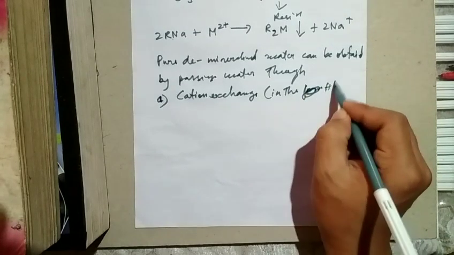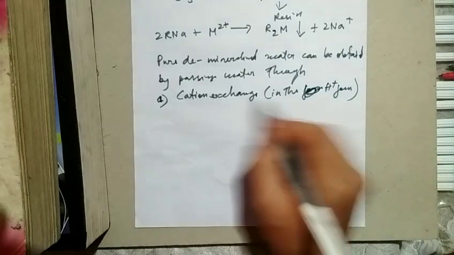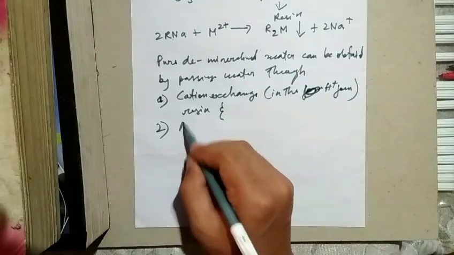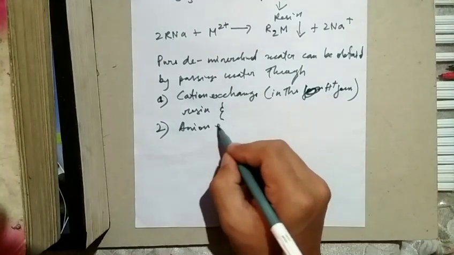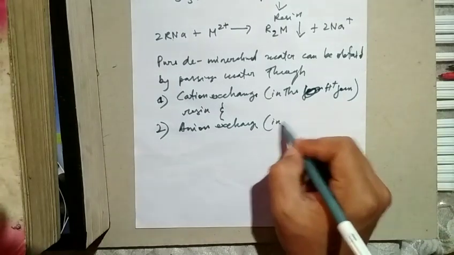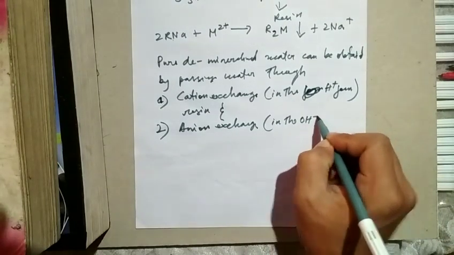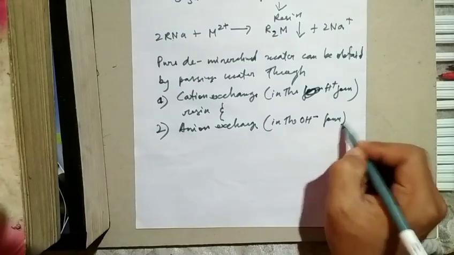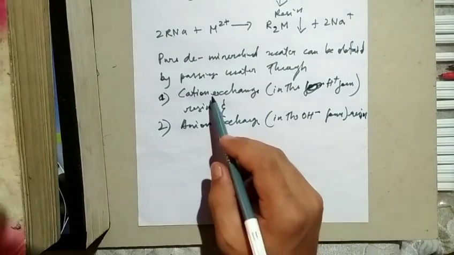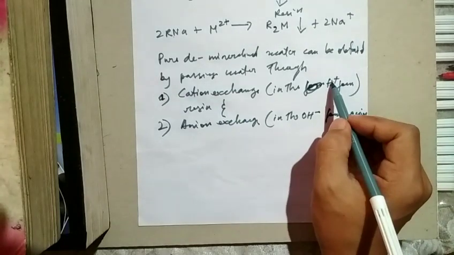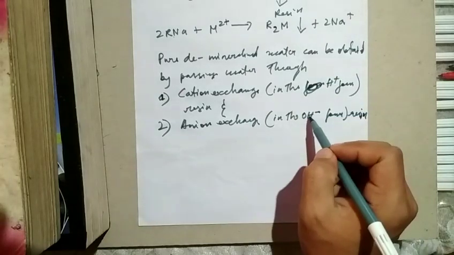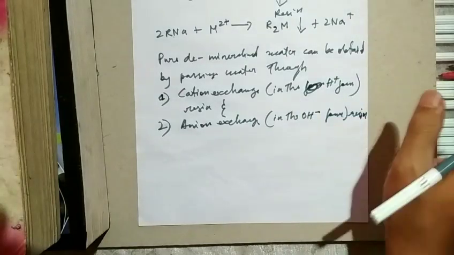In cation exchange, H plus is exchanged, and OH can exchange with those salts.